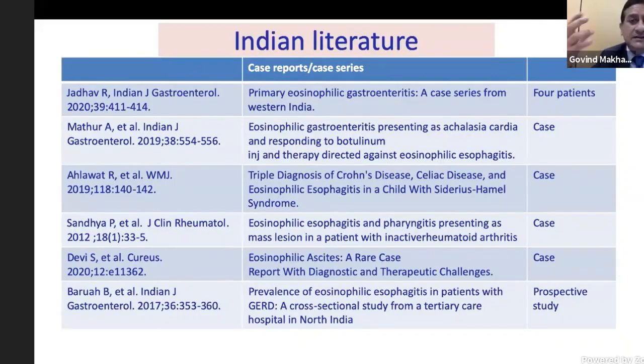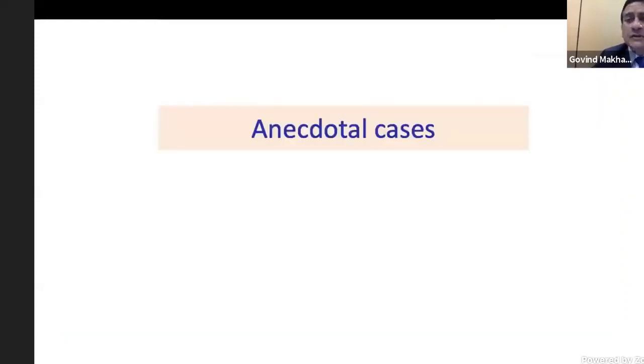I did a casual review of the Indian literature, and we could find 6 or 7 reports, mostly case reports and case series, describing either single or multiple cases of eosinophilic esophagitis. And there is one prospective study which we did, which we'll discuss in a minute. Once you talk to your colleagues, we all see patients with eosinophilic esophagitis once in a while.